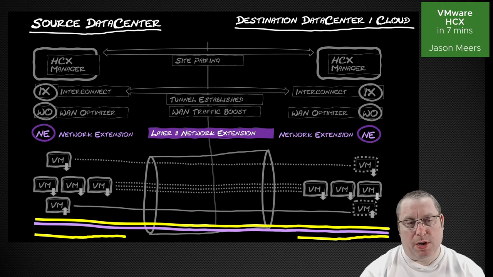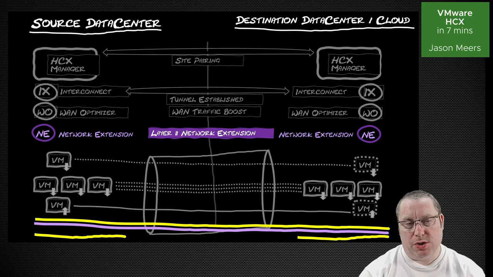The important part of this layer 2 network or this new VLAN is that this VLAN works nicely across both data centers. So it's a stretched VLAN, but in a way that network people are happy with, because not every way of stretching a network works well, or kind of works properly without causing problems. So this is the HCX layer 2 network extension.